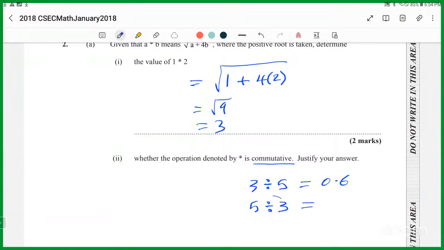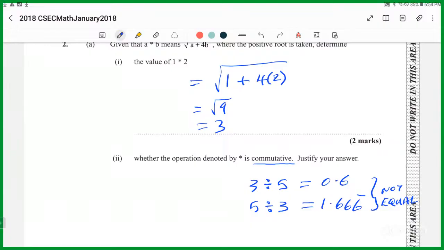But 5 divided by 3 is going to be 1.66 something, 666 repeated, because it's going to be 1 and 2/3. Again, you're seeing that these values are not equal. So when you reverse the order of division, the result is not the same. And so division is not commutative.